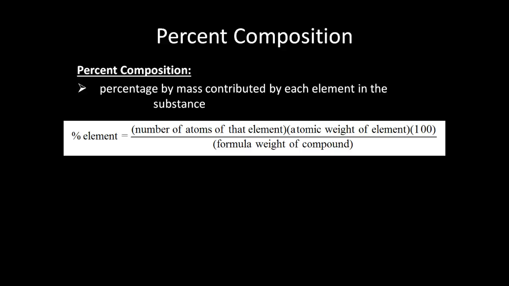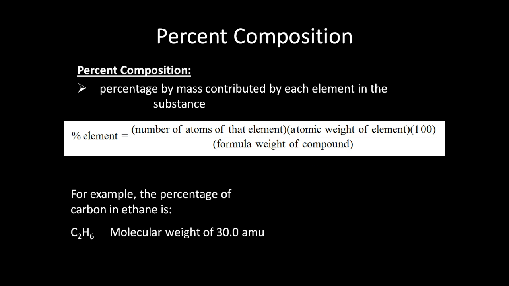The way you calculate that is you take the number of atoms of that particular type times the atomic weight for that element, and then you multiply it by 100. This is just to change it to a percentage, so there should be a percentage sign right there. Then you divide that by the formula weight or the molecular weight for the compound.